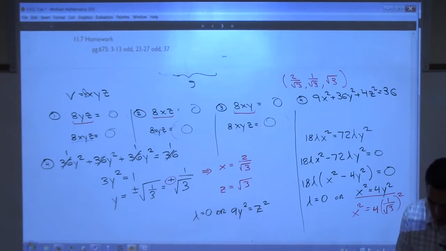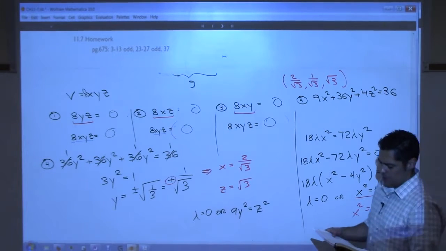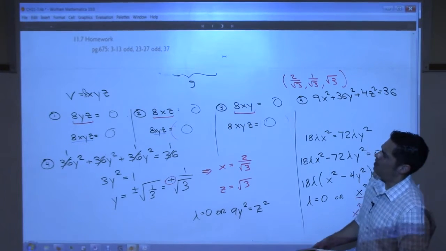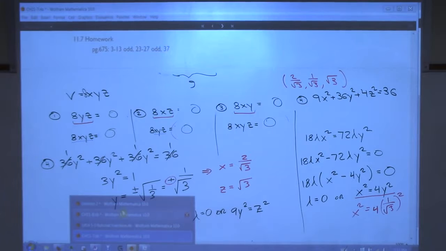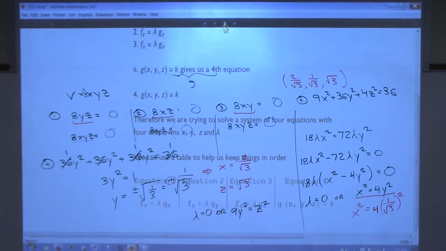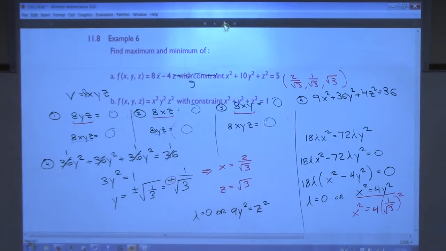And I have not done these. I started working on these the other day. I just haven't gotten to them. Anyone want to tell me what page? Oh, wow. Oh, yeah. Hold on. That's correct, probably. What I meant was the 11.8 homework.